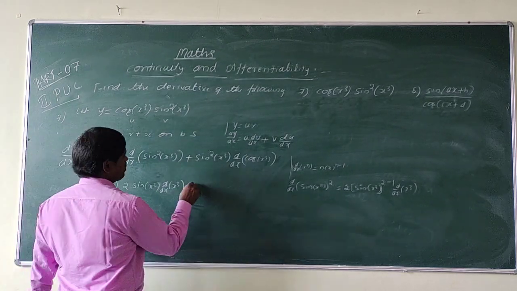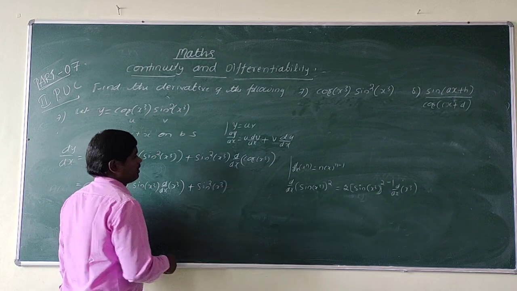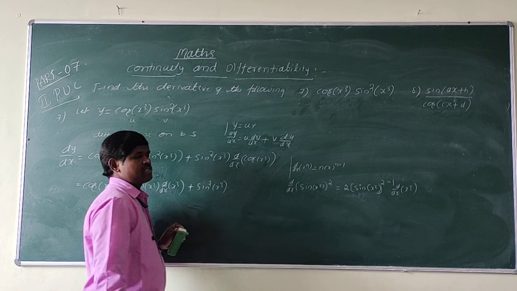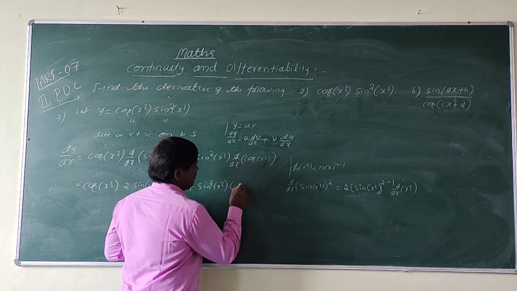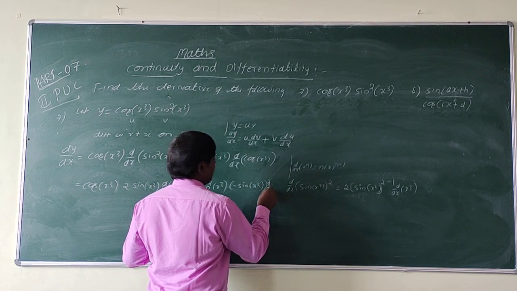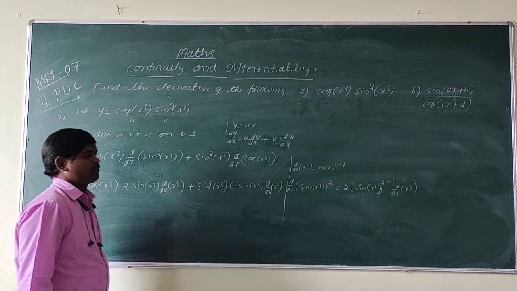Sine square x cube we write as it is. Differentiation of cos x is minus sin x. Therefore this is minus of sine of x cube into d by dx of x cube.